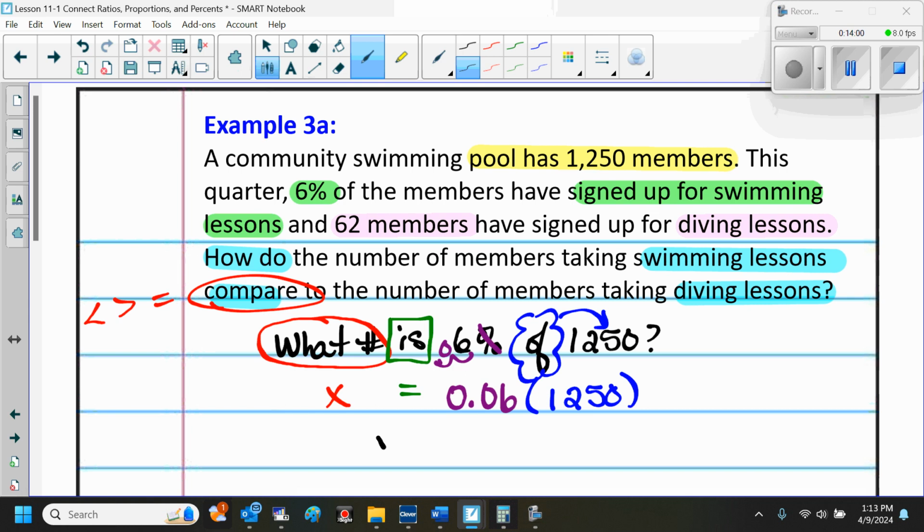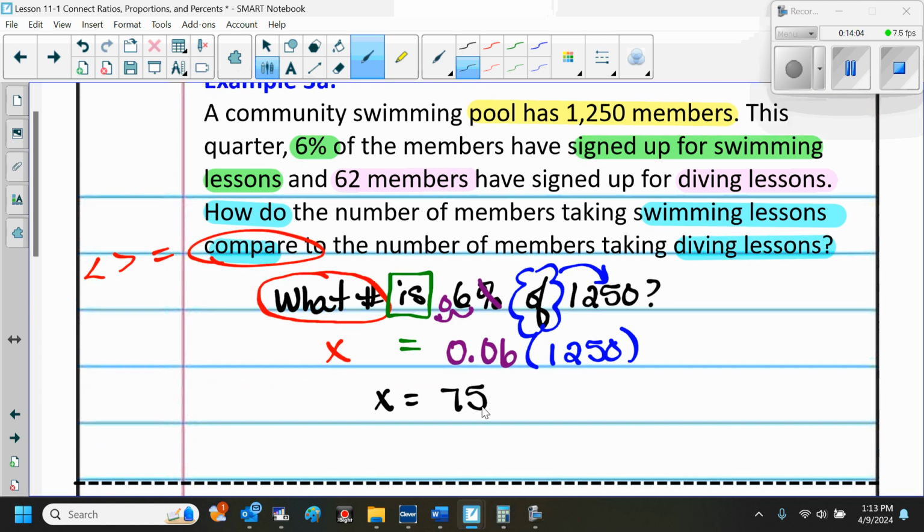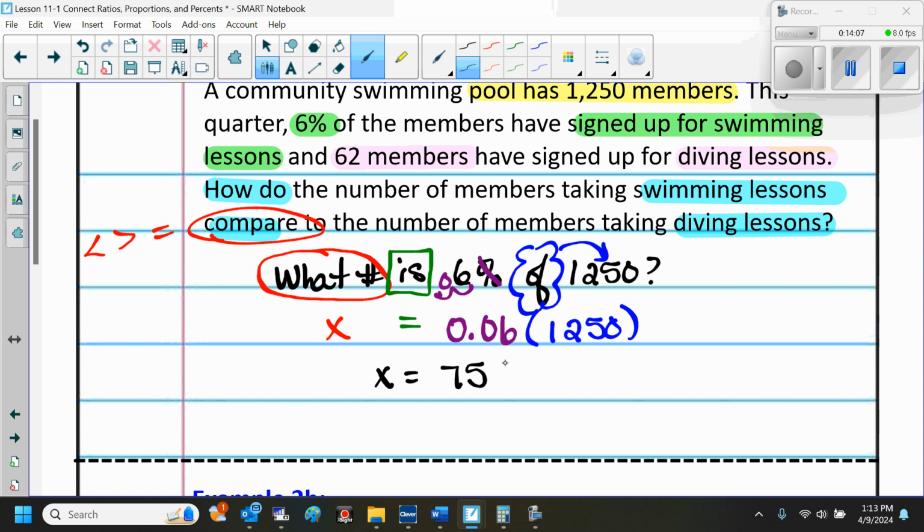So x is equal to 75 what? Yes, this is for swimming lessons. So signed up for swimming. Is everybody clear? All right.